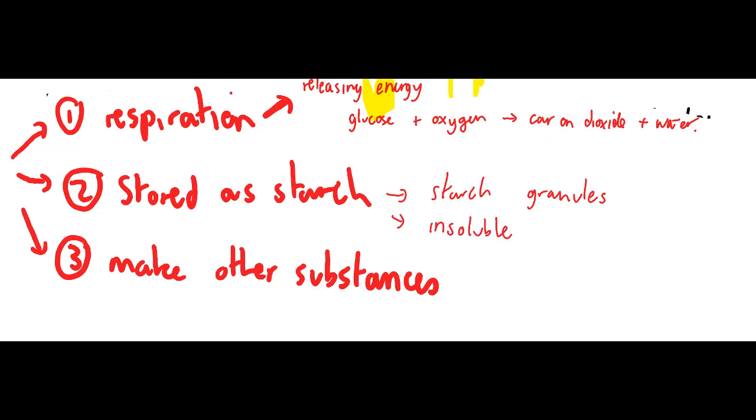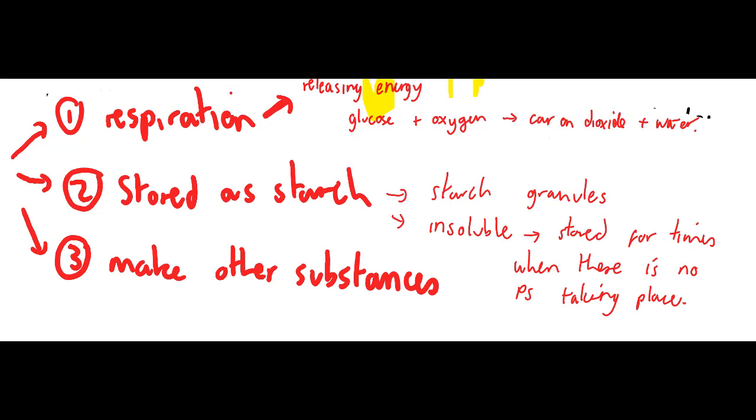So it gets stored there for times when there is no photosynthesis taking place. So it's a bit like you keeping food in your pocket, where you can basically keep it until you get hungry and then you can use it. So the plants can store starch for such times when they can't photosynthesize, and then they can use that as an energy store.